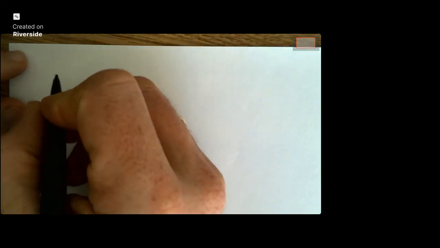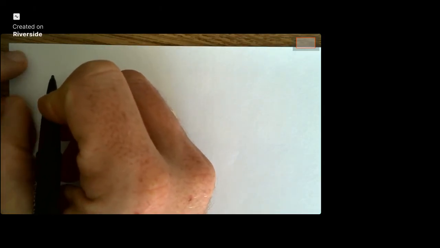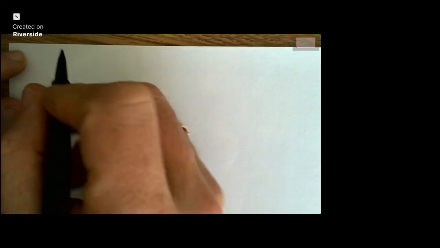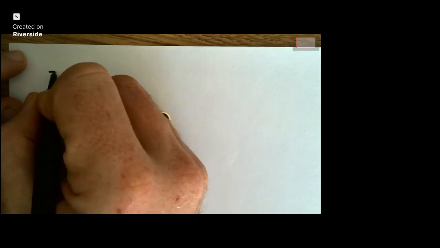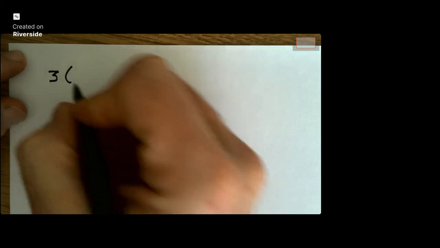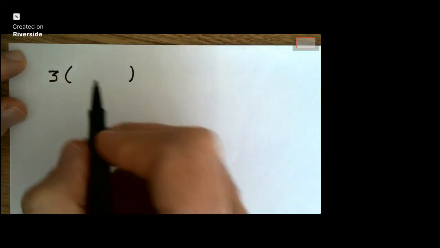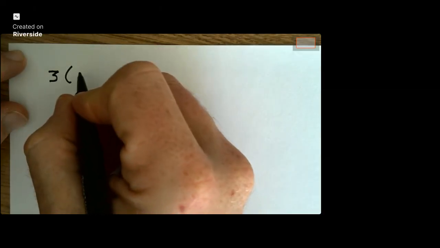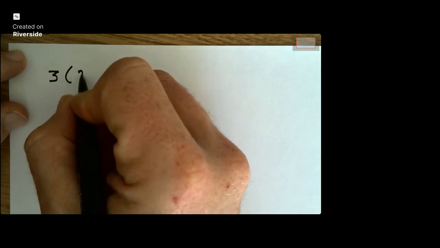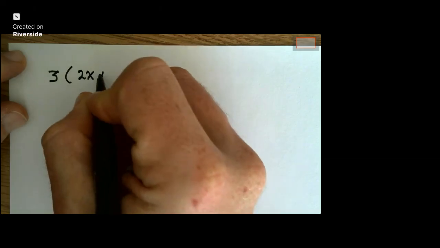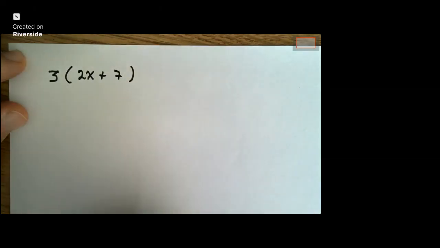Distributive property, in my words, is described as having something, we'll just start with a number, times a quantity of stuff, and this quantity of stuff is typically added or subtracted. Let's start with something easy like 3 times the quantity 2x plus 7.